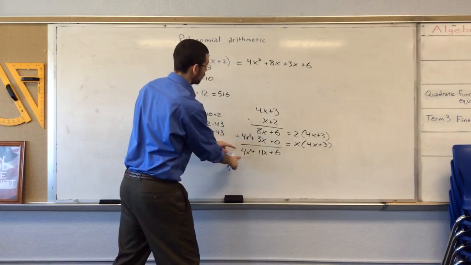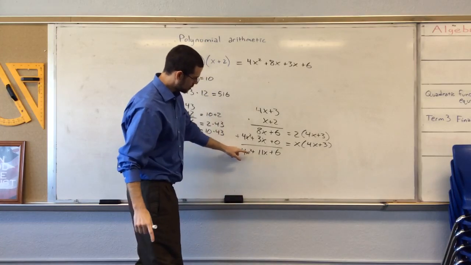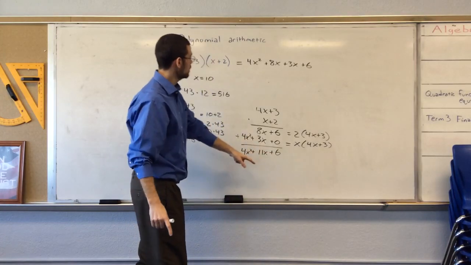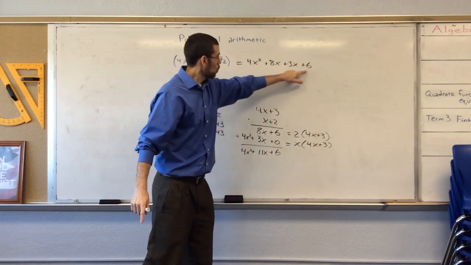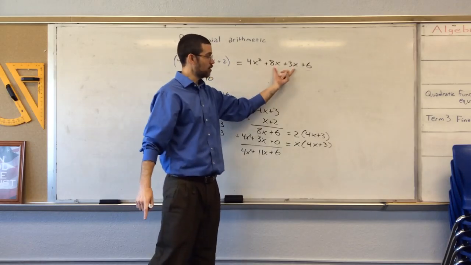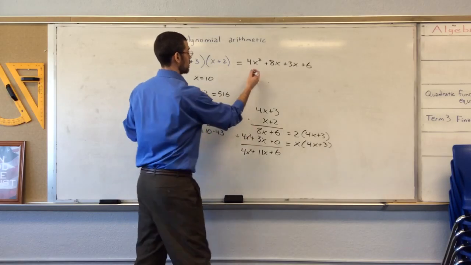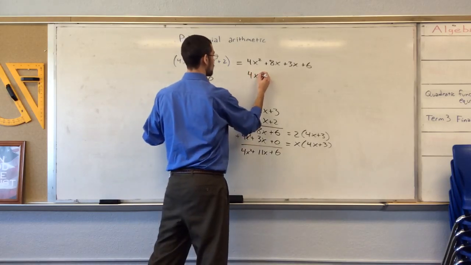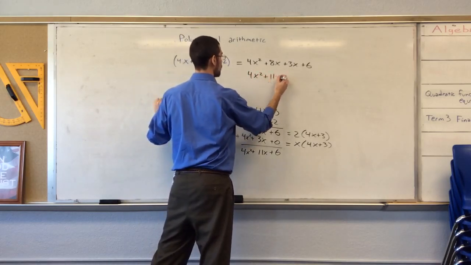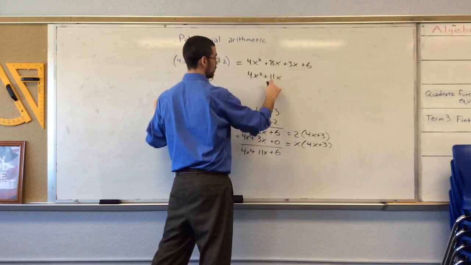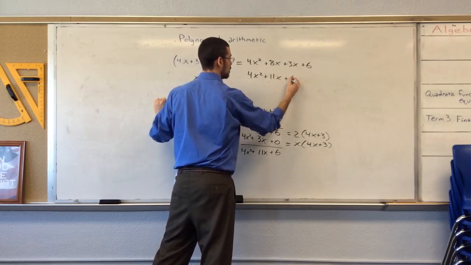Okay, so our final answer should be 4x squared plus 11x plus 6. That's what we have here once we combine our like terms just like we did in the column format. So this is 4x squared plus 11x, 8 plus 3 is 11 x's, plus 6.